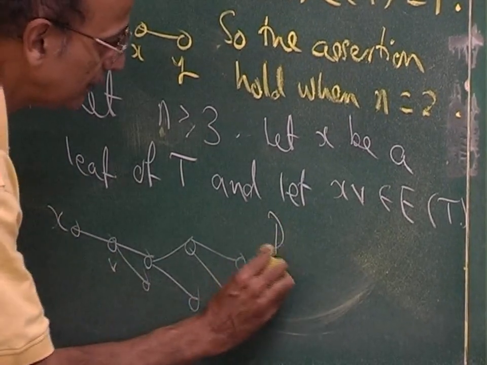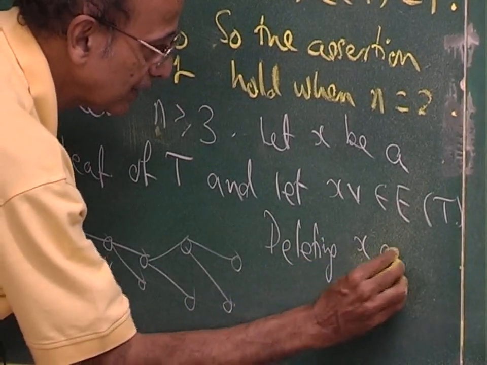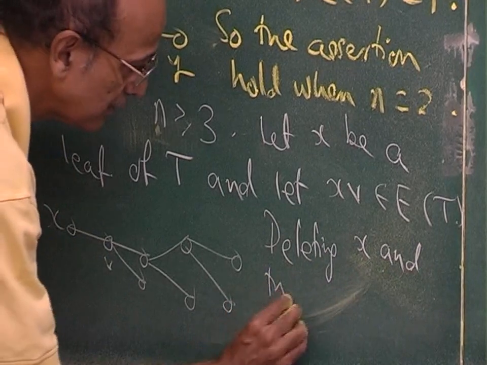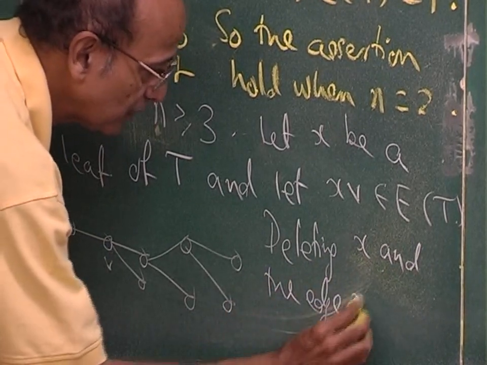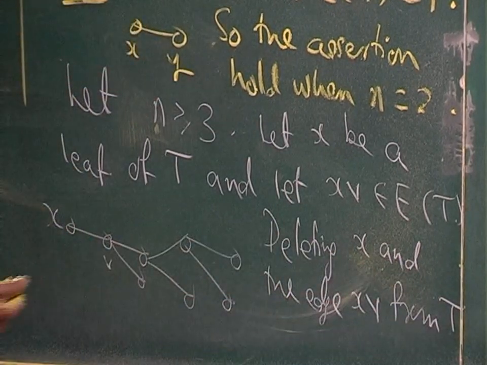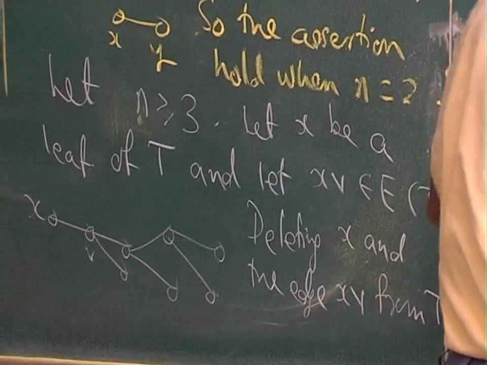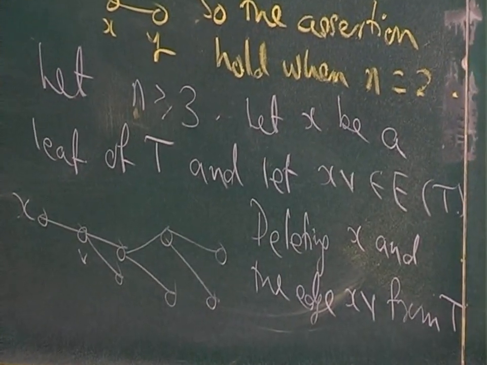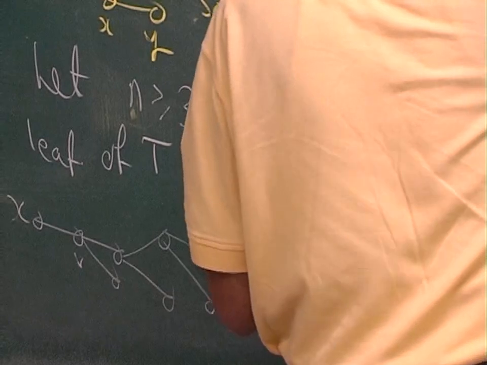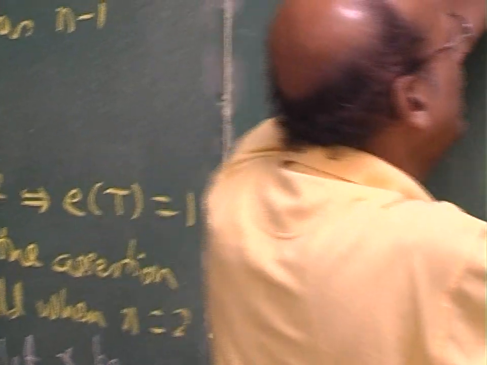Deleting x and the edge xv from T, we get a tree T prime.